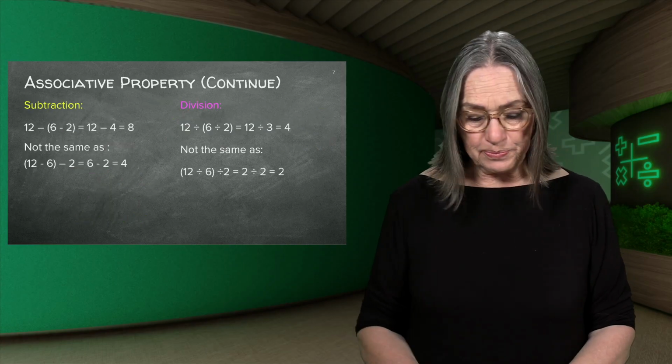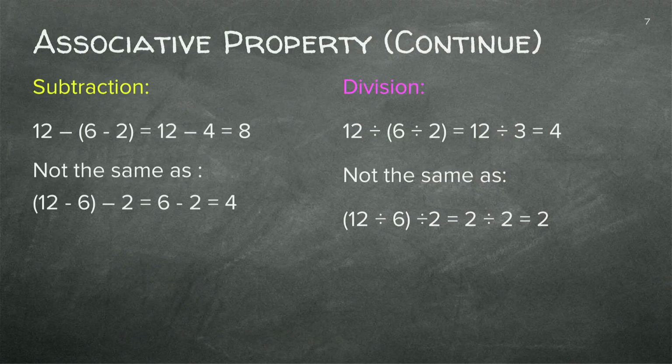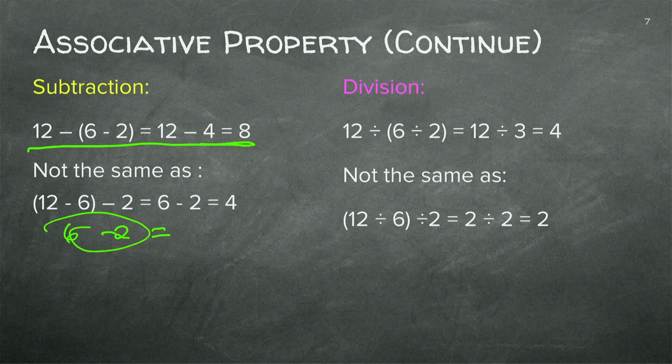Let's see. If we subtract 12 minus 6 minus 2, so remember we do brackets first, so it's 12 minus 4, that equals 8. Can you see there? But, for example, if you change the brackets to 12 minus 6, so that will give us 6 minus 2 equals 4. Can you see it's not the same? So it does not hold true for associative property, does not work under subtraction.